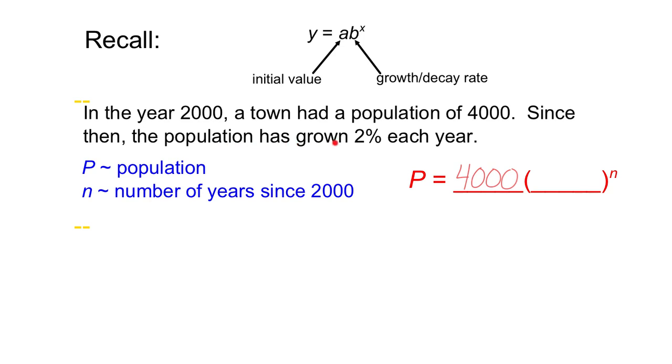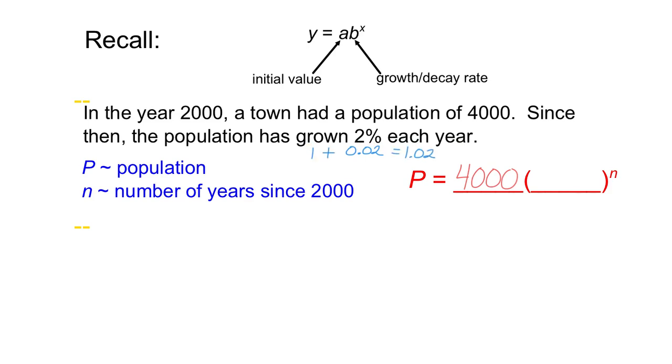It says the population has grown 2%. Now, 2% is 0.02, but if I put a 0.02 here, that's less than 1. That means I would actually be decaying. My population would be shrinking each year by 98%. That's not what I want. It's growing by 2% each year.